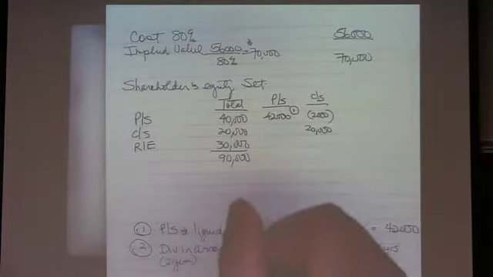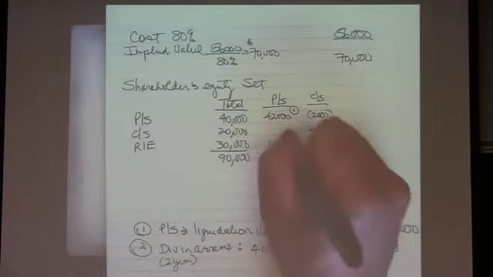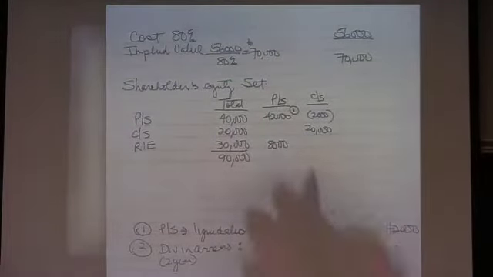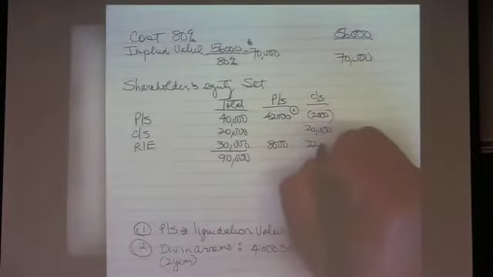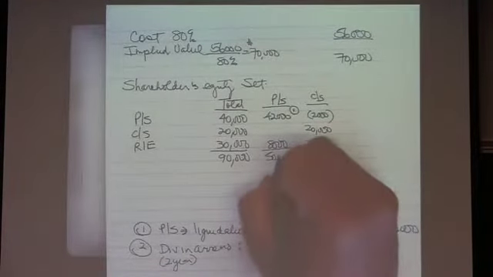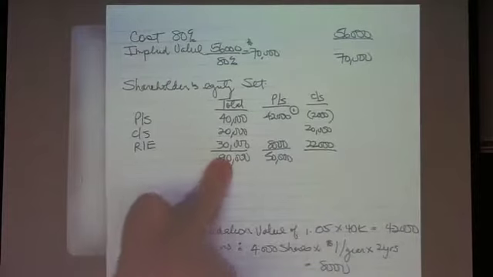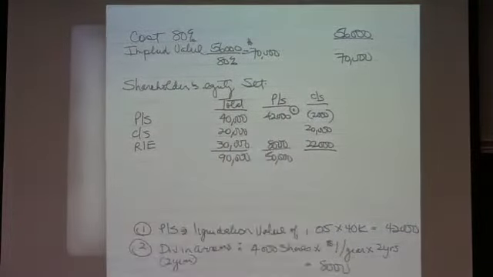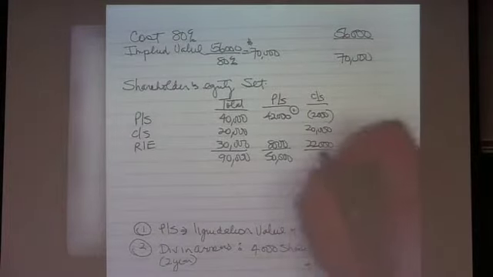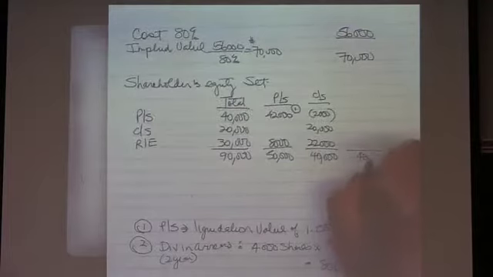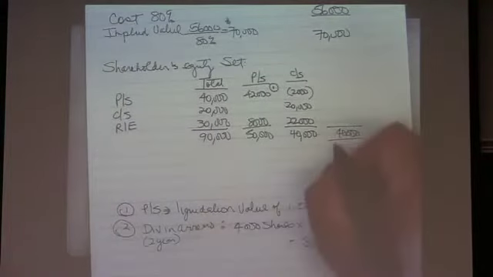So we know that of that retained earnings, 8,000 belongs to preferred, and that means that 22,000 goes to common. So preferred has a $50,000 portion of this shareholders' equity, and then common gets 40,000. And it is the 40,000 we're going to compare against to come up with the AD of 30.